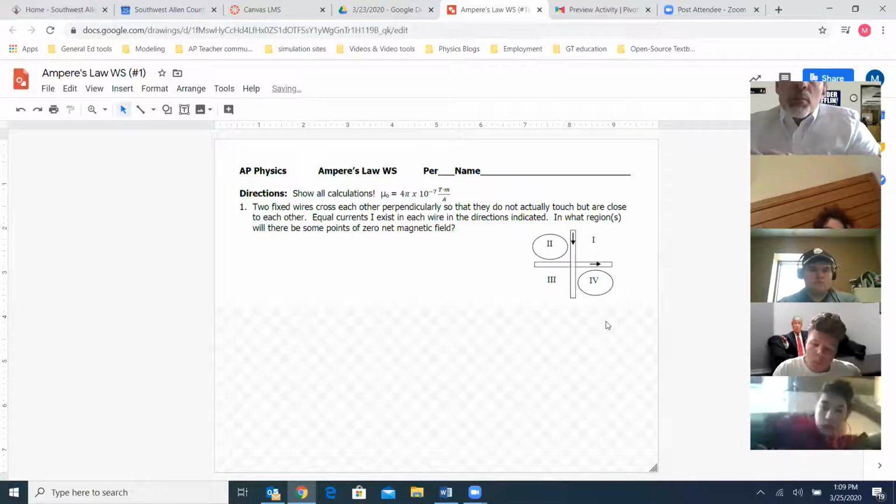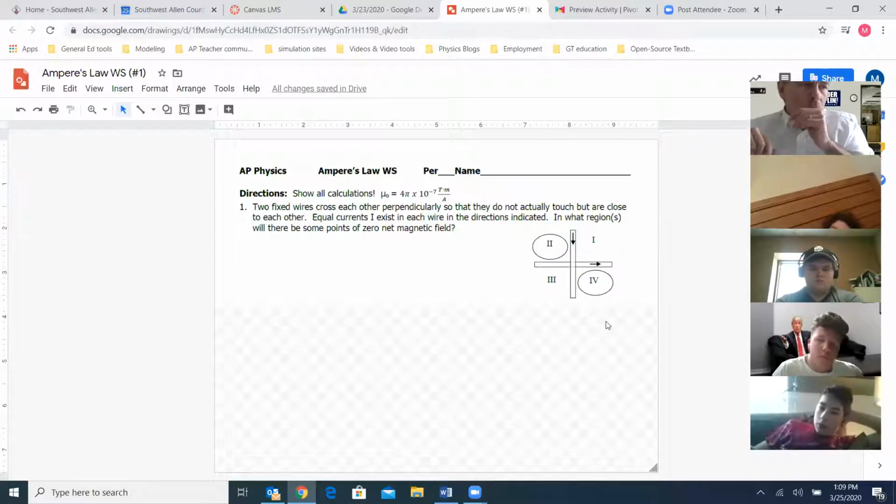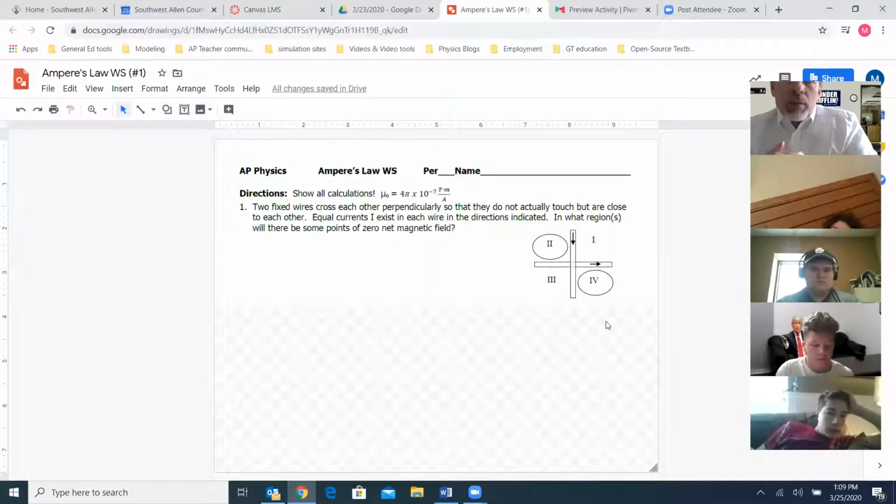There are still places in those regions where there would be a magnetic field. It's just that there are some locations that would have 0 magnetic field. Assuming these wires had exactly the same current, so 5 amps or whatever, can you tell me what kind of geometric shape the region would have that would have zero magnetic field?